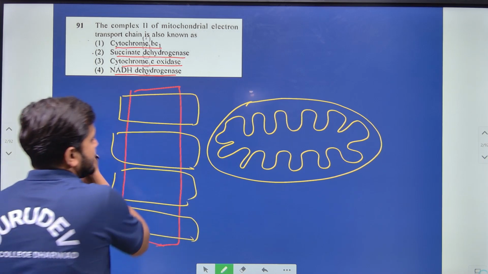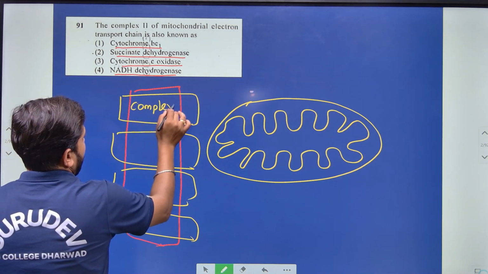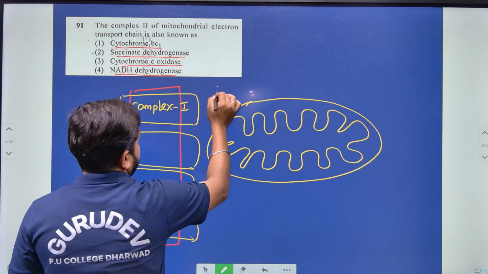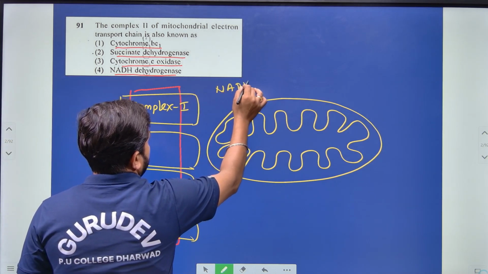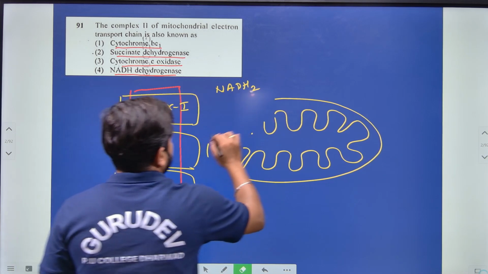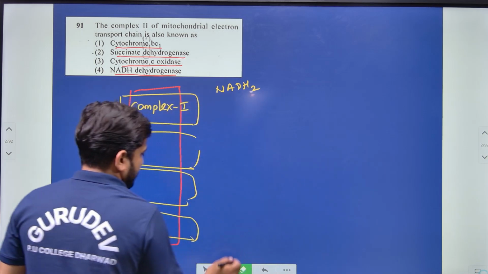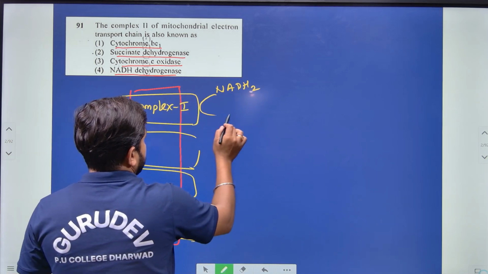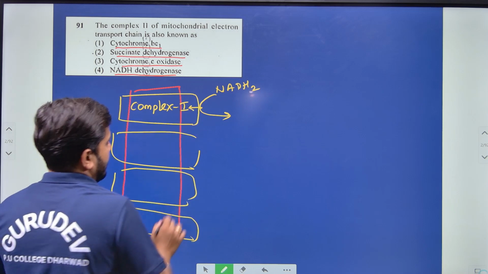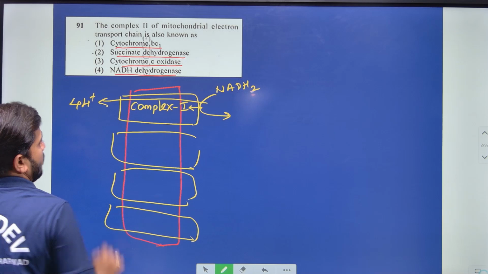What we know is the first one will be complex 1, where whatever NADH is formed is actually going to enter inside complex 1. So it will enter complex 1 and donate electrons, and gives back 4H plus ions, right?